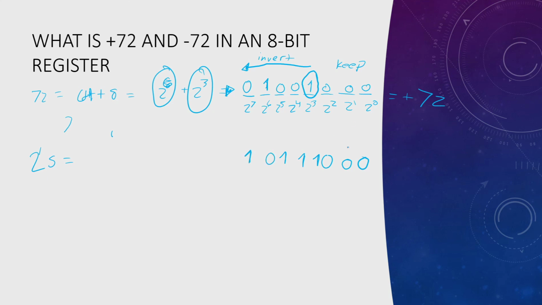So as you can see, this stays the same right here. These stay the same. And then we invert everything else. We invert these 4 numbers, as you can see here. And this is negative 72 in 2's complement.